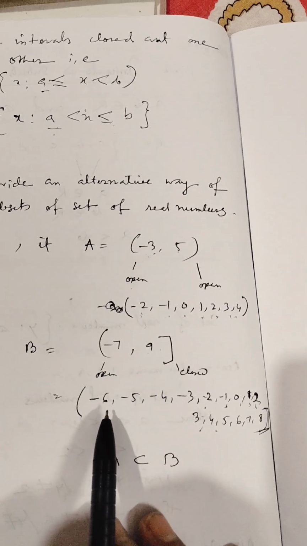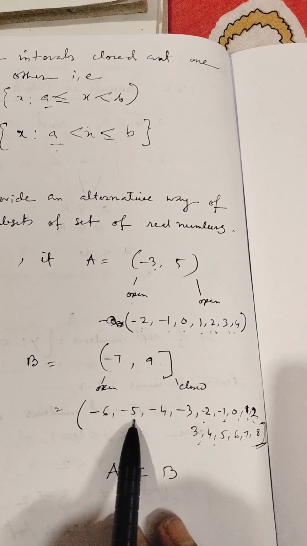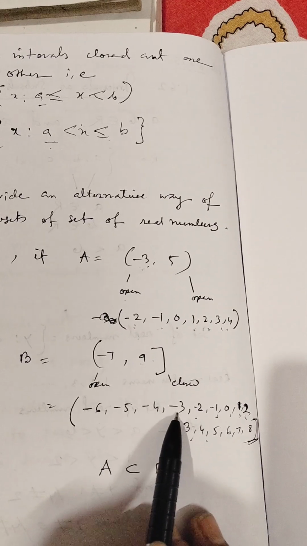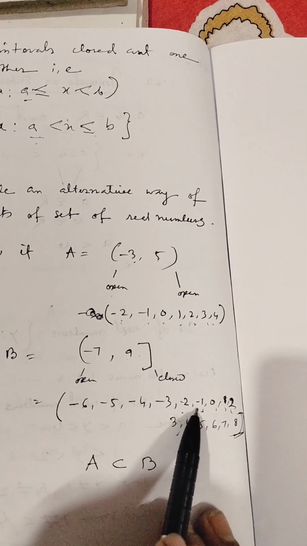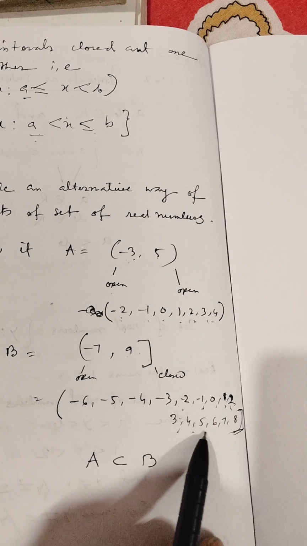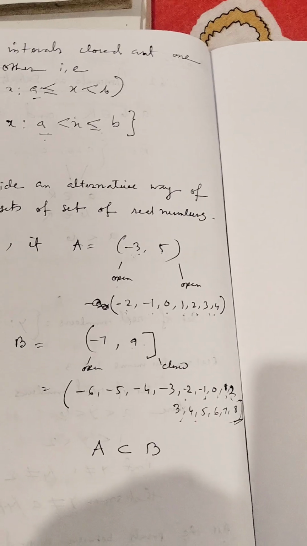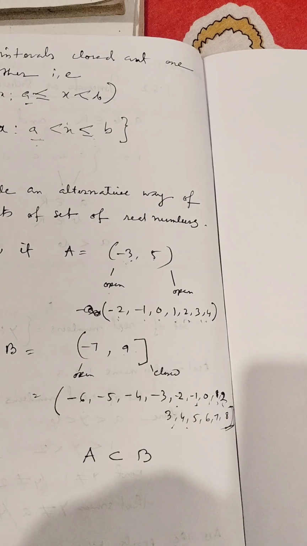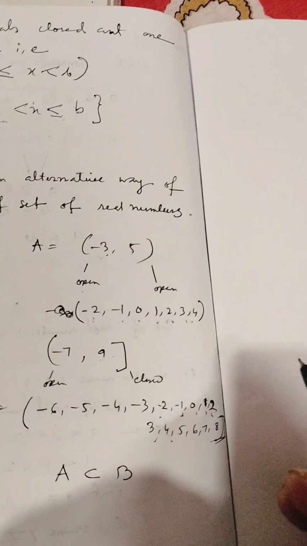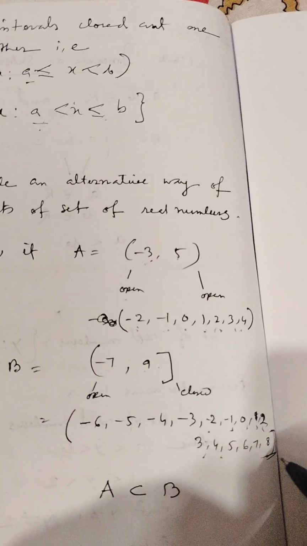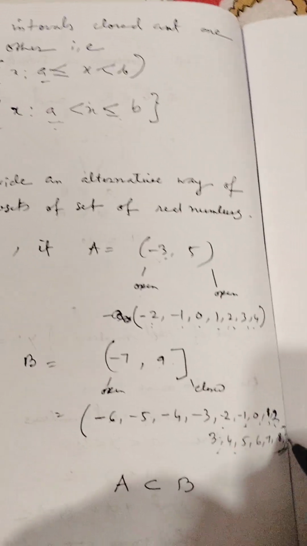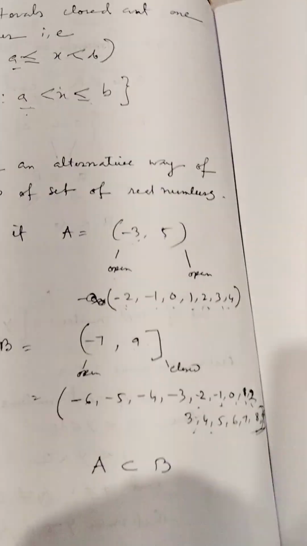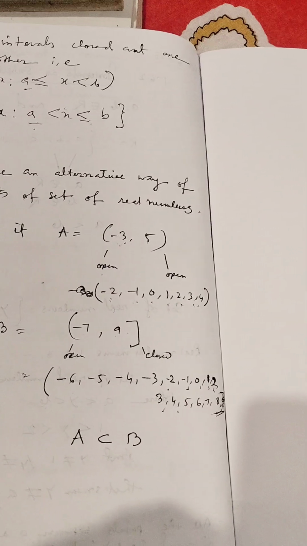So the elements are -6, -5, -4, -3, -2, -1, 0, 1, 2, 3, 4, 5, 6, 7, 8, and also 9, as it is closed.